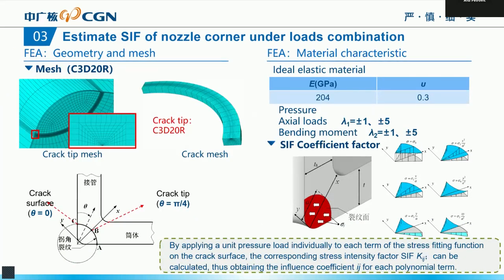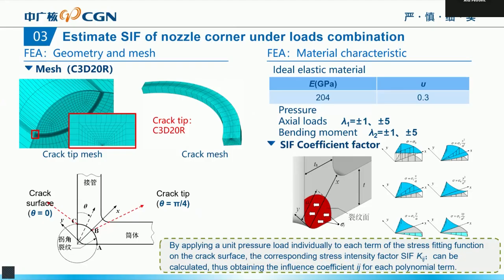Okay, this is the geometry and mesh model. At the crack tip, we use the C3D20R reduced integration element, and the corner crack surface angle goes from 0 to pi divided by 2.